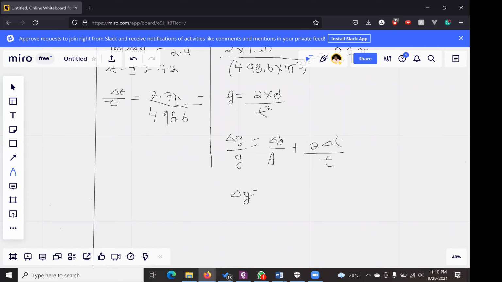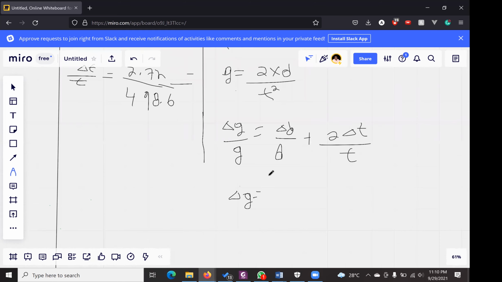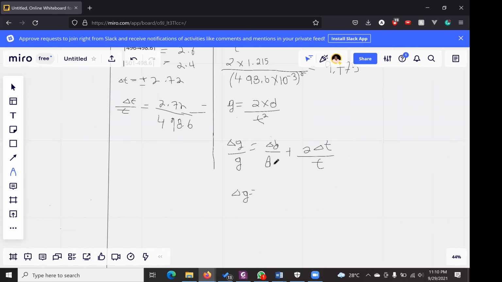Consult with your teacher whether or not you're to do an additional multiplication by 2. Okay. All right. But for this, we generally just keep things that have errors.